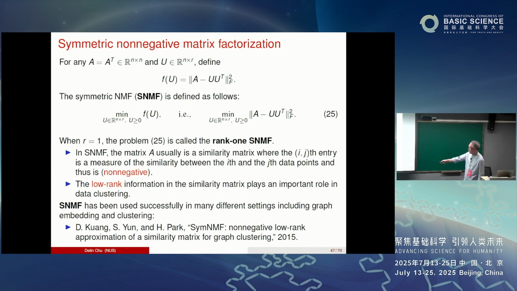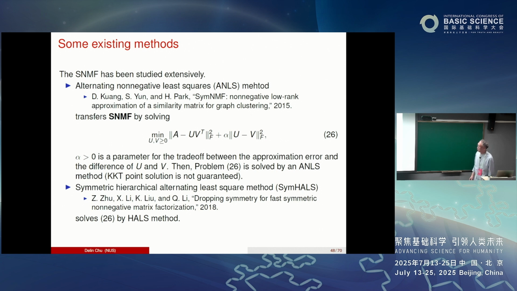Of course, symmetric non-negative matrix factorization has found application. For example, it has been used in many different settings, including graph embedding and clustering. Similarly, the symmetric non-negative matrix factorization problem has also been studied by other researchers, so other numerical algorithms can be found in the literature.